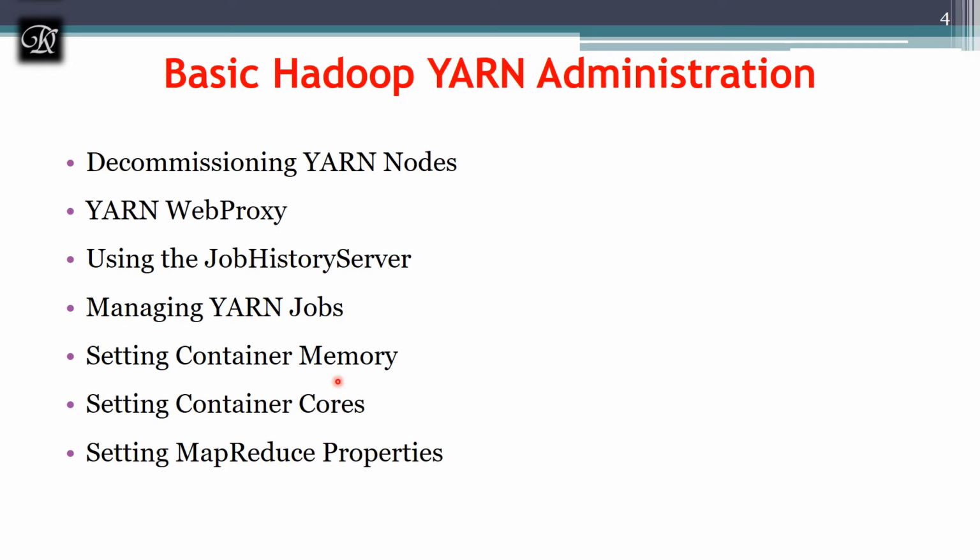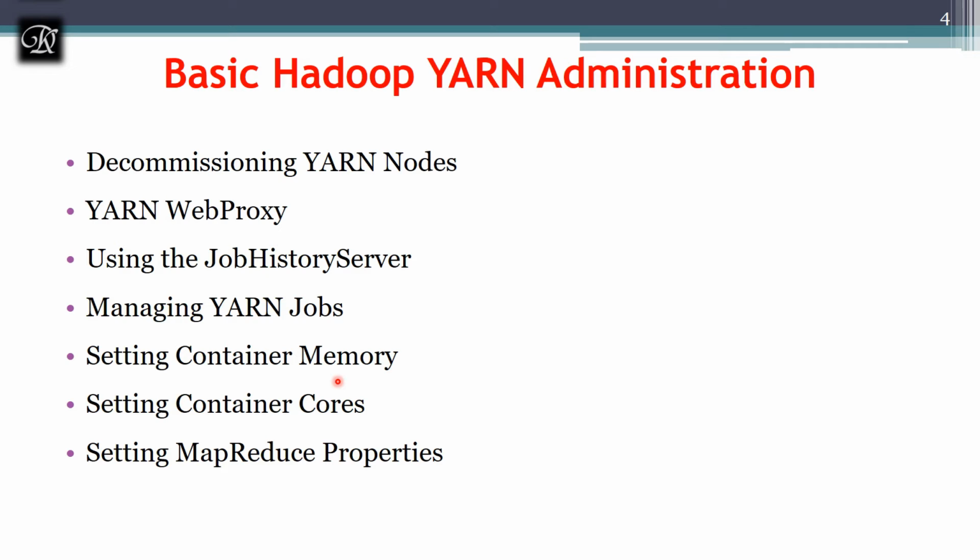And also you can set the node manager resource CPU cores. For that you have to use the property yarn.nodemanager.resource.cpu-vcores, where the number of CPU cores that can be allocated for containers will be set. The default value for this is 8.